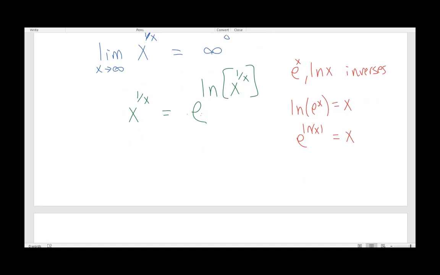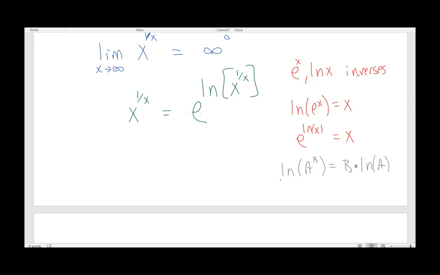Now, remember we have a property of exponents. I'm going to switch to gray. I apologize, we have a property of logarithms. One of the properties of logarithms I call in an algebra class the power rule. If we have the ln of a to the b, we can write that as b times ln of a. In fact, this is true for any logarithm. This could be log base 10, this could be log base 7, whatever this log wants to be.